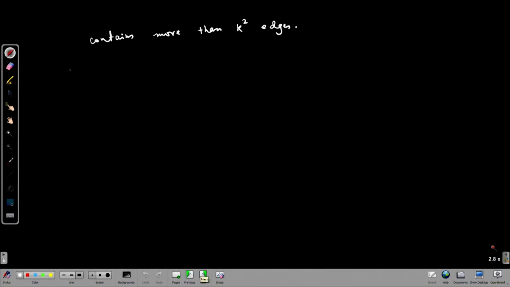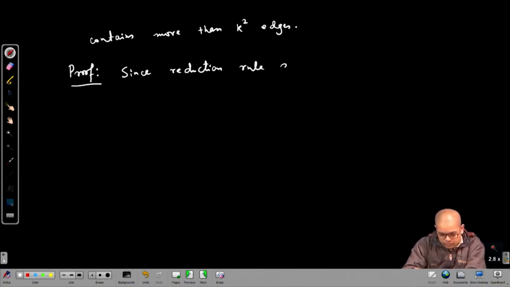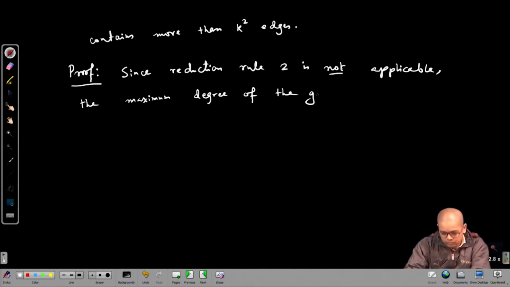Proof. Since reduction rule 2 is not applicable, the maximum degree of the graph is at most k.